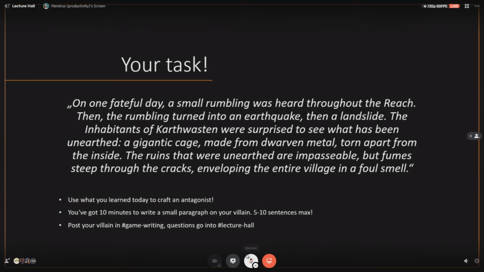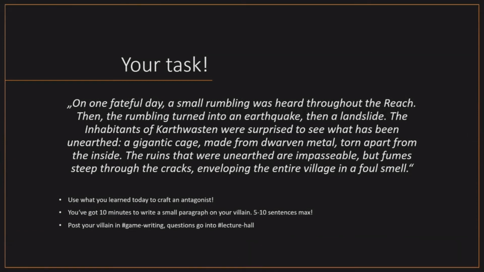Okay, question: in what ways could a villain interact with the player, show their personality? That's up to you. The most standard or the most used one is that the villain has caught the protagonist, and now they are going to do their evil rambling.